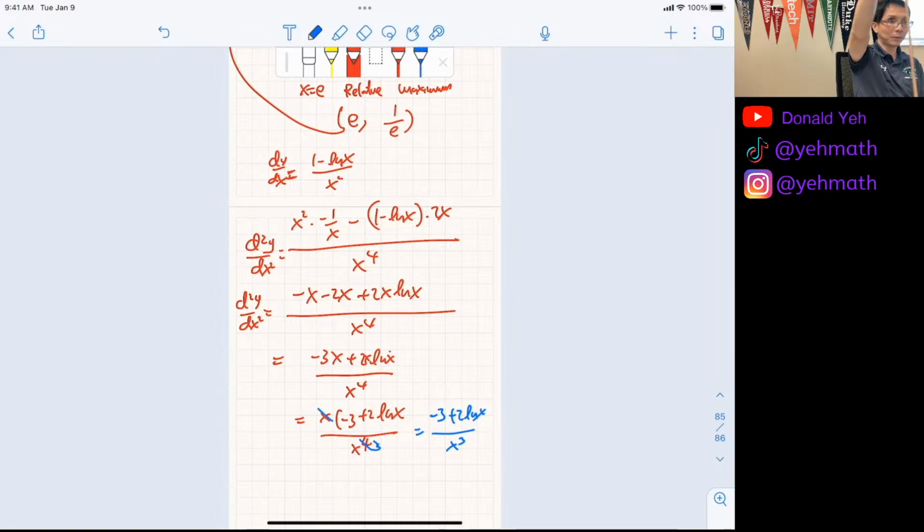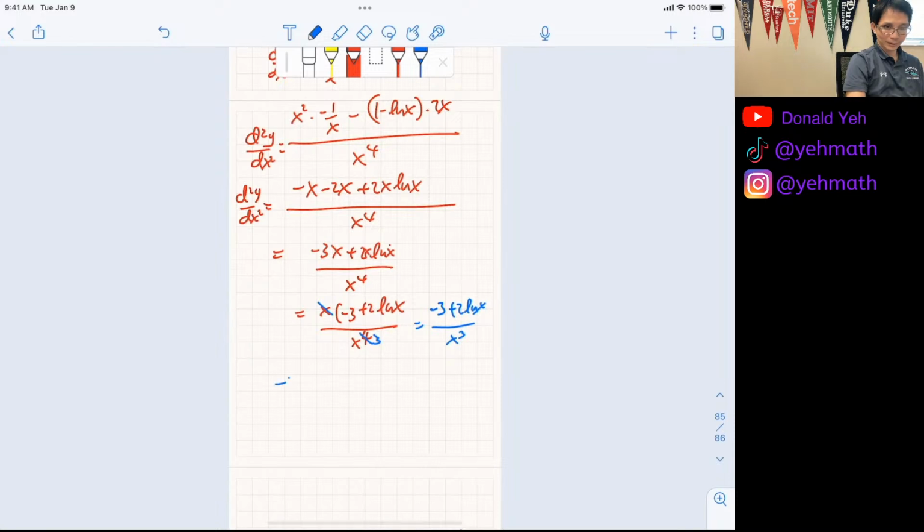Can you find the critical number for me? I already did the hard part. Can you do the easy part? Can I set the top equal to 0? Can I solve for it?